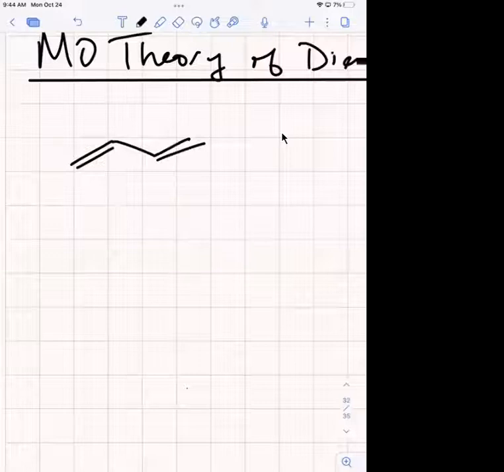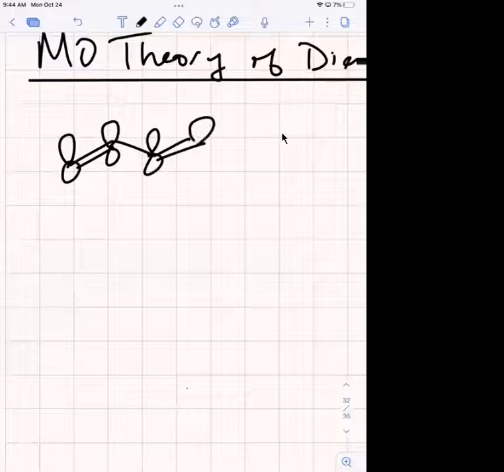So if I take a diene like this, right? And remember, we talked about the fact that it's conjugated. Those p orbitals are overlapping, right? So the p orbitals here are overlapping, being pulled together, and that makes all these p orbitals overlap, like a system.